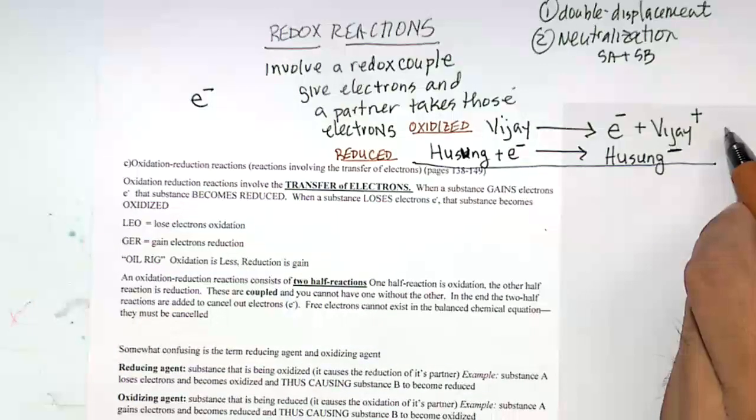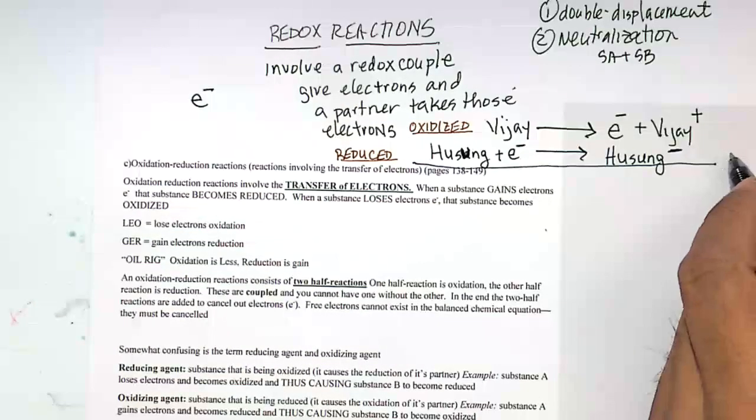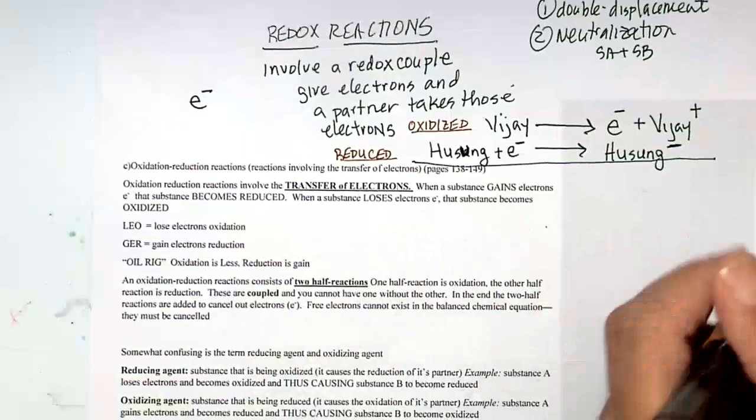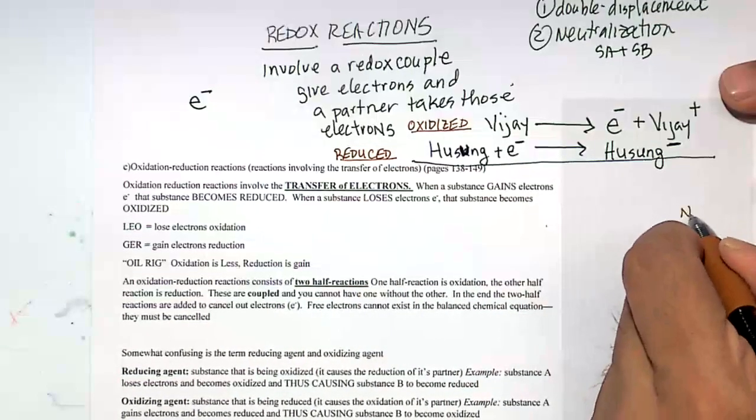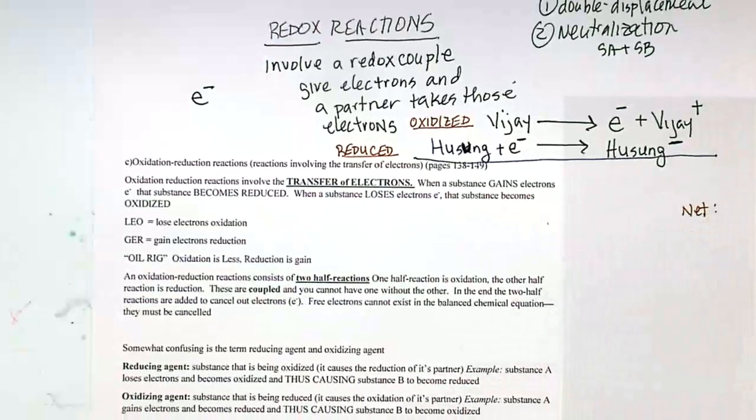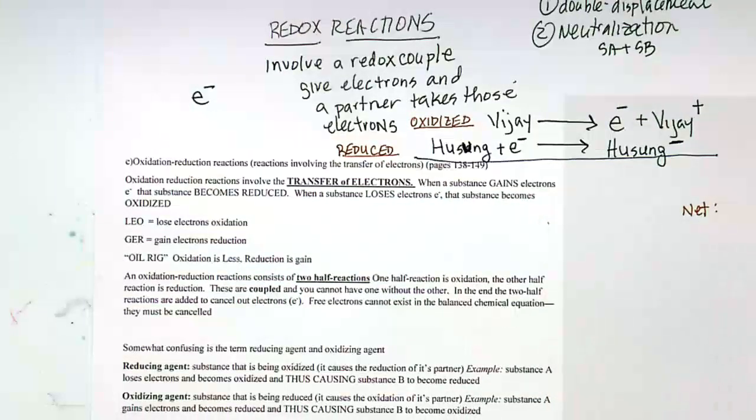So this is an oxidation half reaction, and this is a reduction half reaction. Let's add them up to get the total reaction, or I'm going to call it the net reaction.